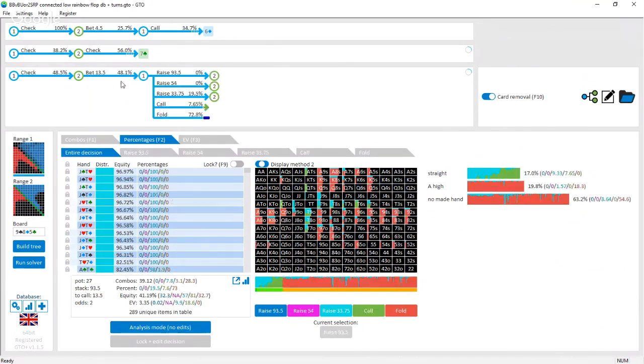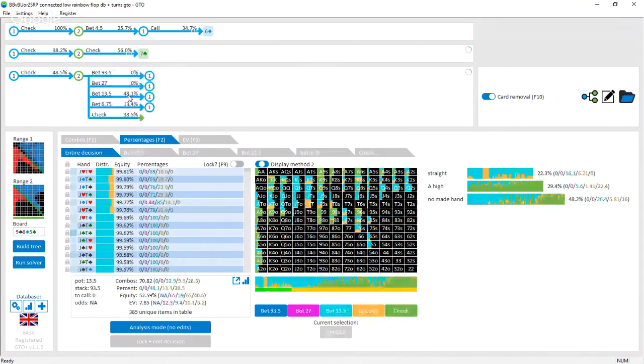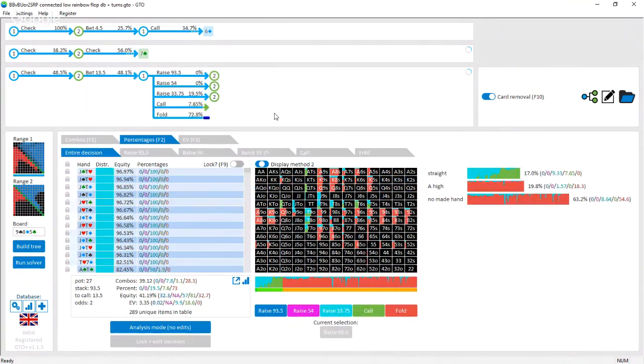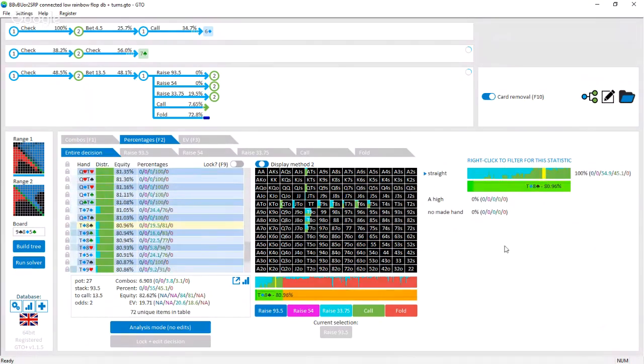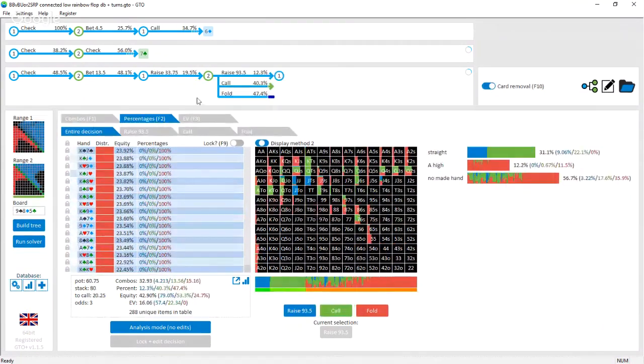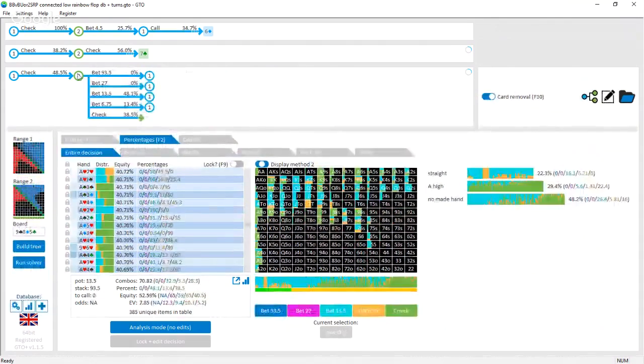So there's a pot size bet. That's a lot of folding. Jam. So yeah, that's one example where the 50% rule doesn't apply.